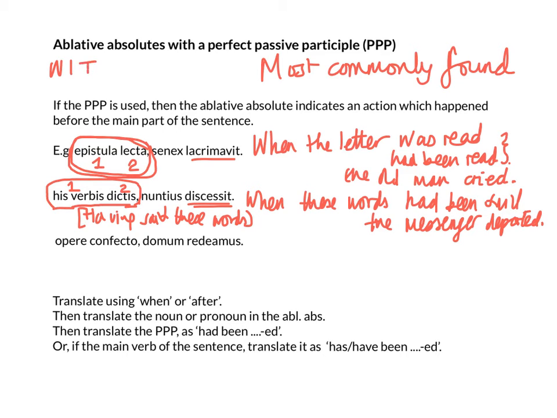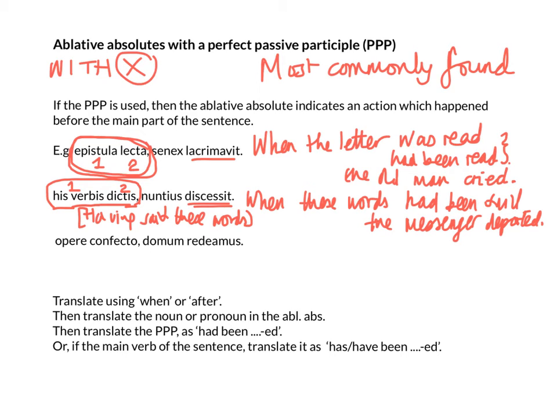I know it's tempting, because the ablative, after all, is a case which we translate often as with. But with these words said, the emperor departed, isn't great English. You might think it's okay, but I tell you what, examiners don't tend to like it. And as you are doing this in preparation for an exam, let's avoid saying with. Let's stick with when instead. Let's move on to the last one.